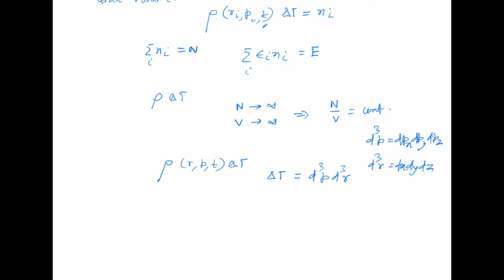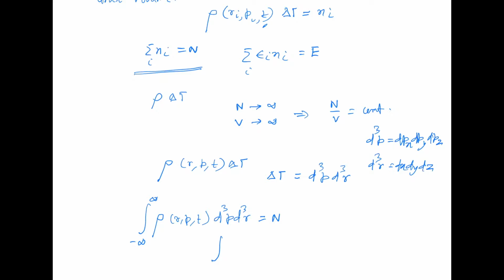In that case, the summation changes to the integral of rho(r, p, t) d3p d3r, equal to the total number of particles, when we integrate over the total range, from minus infinity to plus infinity for r, and minus infinity to plus infinity for p.